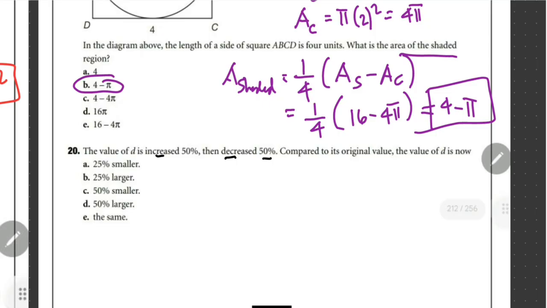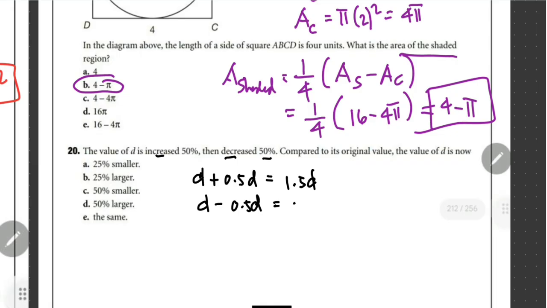To increase the value of D, let's say the original value of D is 1, or D plus 50% of D. So this is 1.5D.